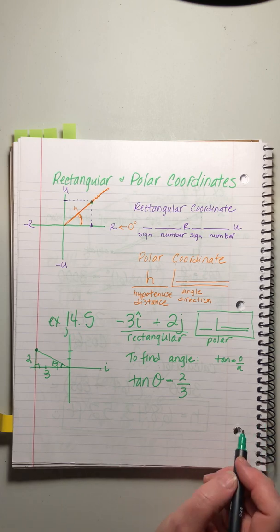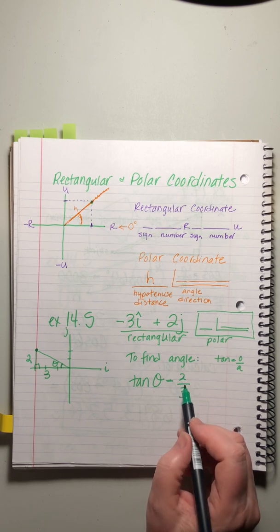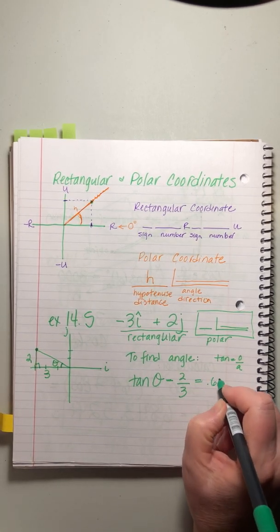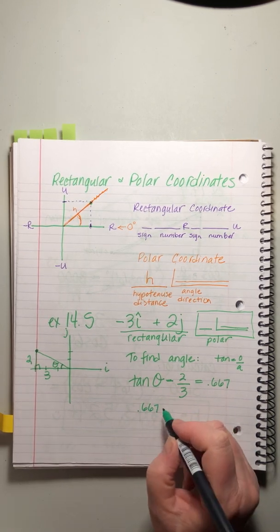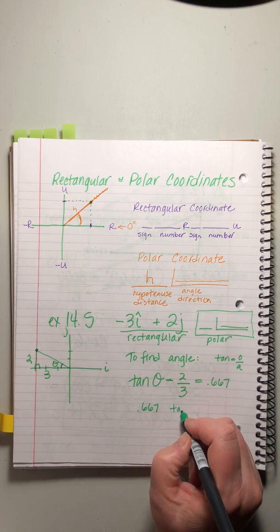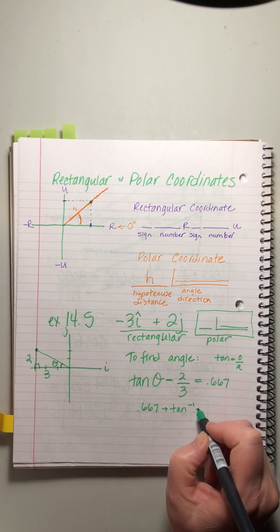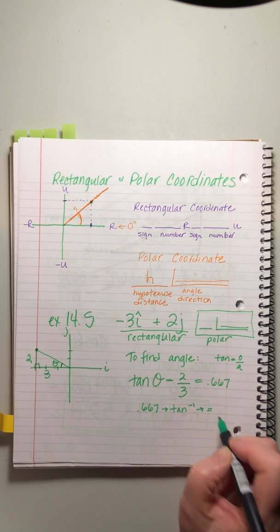Now I can go to my calculator. First I'll take 2 divided by 3. That will give me 0.667, right? And then I'll enter 0.667. Because that's the decimals and I want the degrees, I know that what I want is tangent to the -1. And I think you need an equal sign after that.